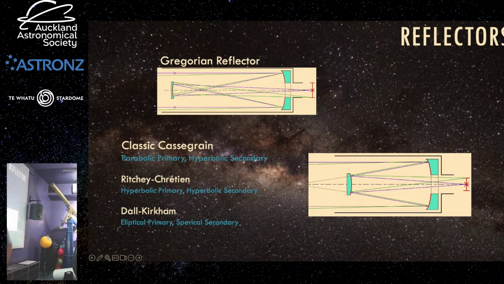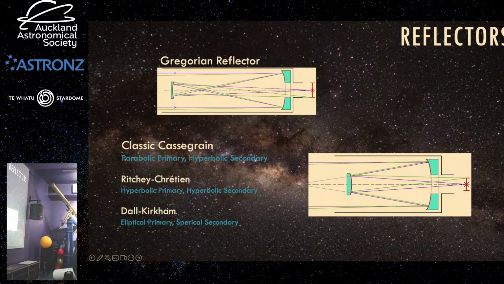Quite a lot of the commercial ones are now sold as corrected Dall-Kirkhams because the basic Dall-Kirkham design is great for center of field things like if you're looking at planets, so the aberrations are well controlled there. But when you get to the outer part of the field, you start to get noticeable aberrations, so they're not very good for imaging because you'll notice that things start getting smeared out in the corners of your images, especially if you've got a camera with a large sensor.